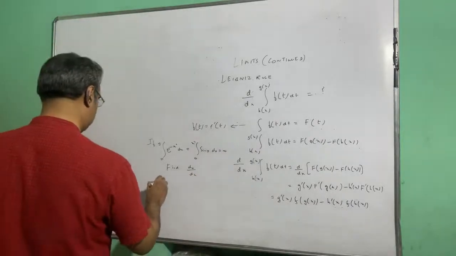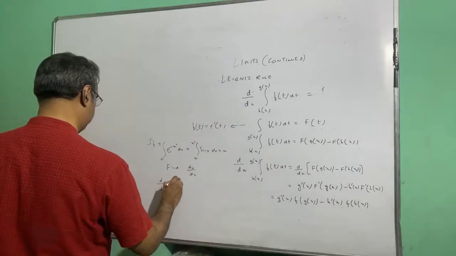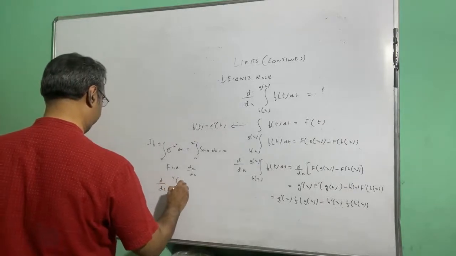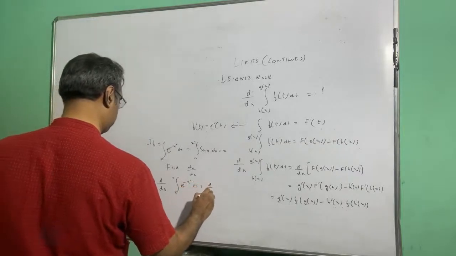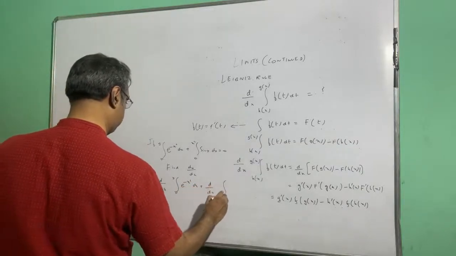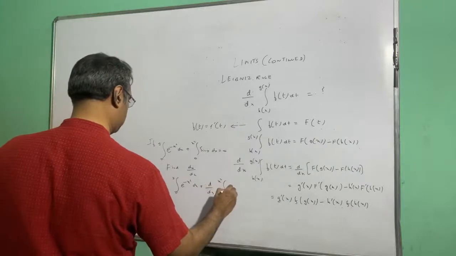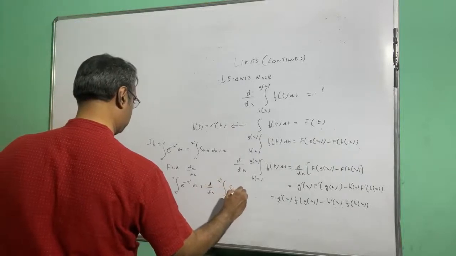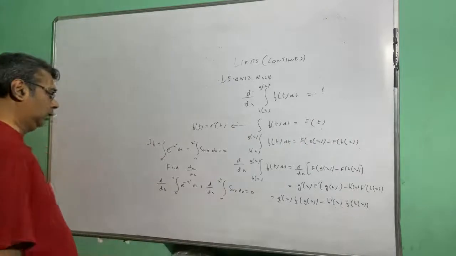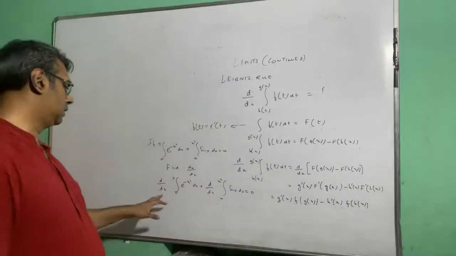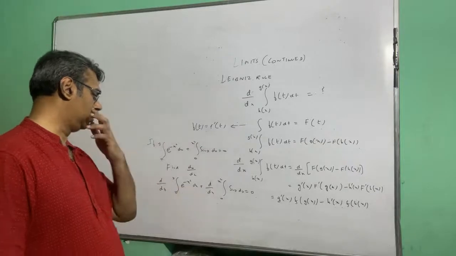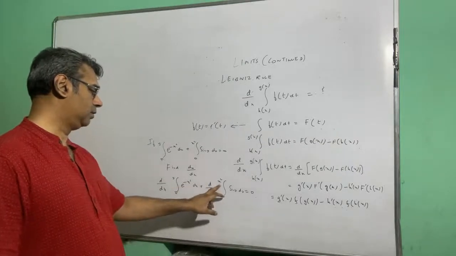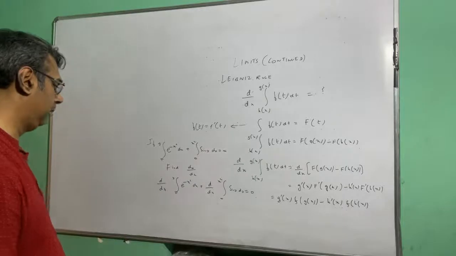So you straight away differentiate both sides. d/dx of the integral from 0 to y of e to the power minus x squared dx, plus d/dx of the integral from 0 to x squared of sin y dy.